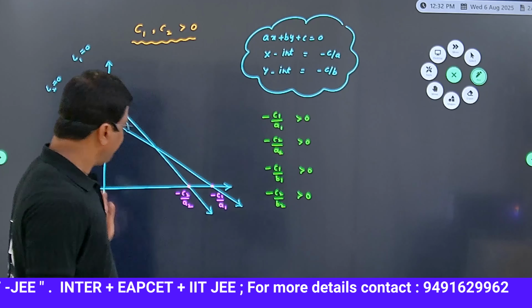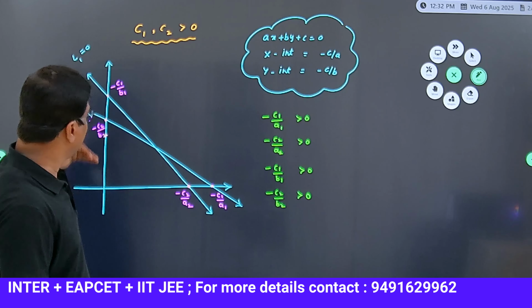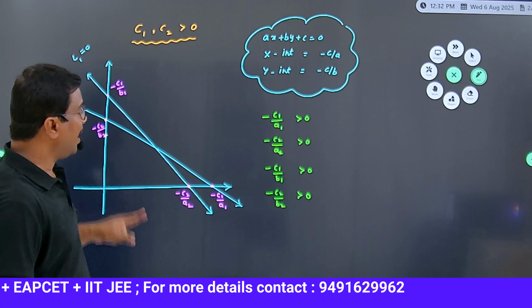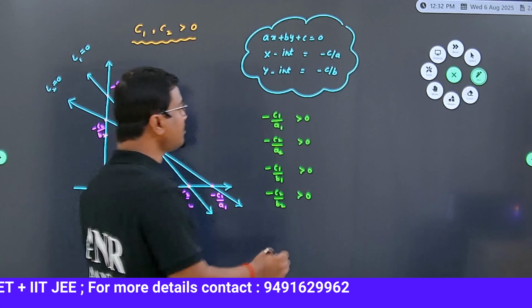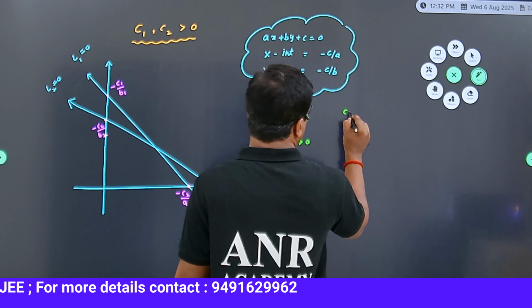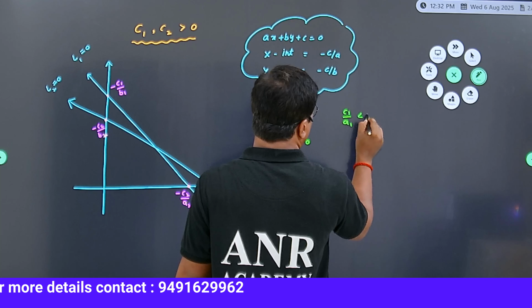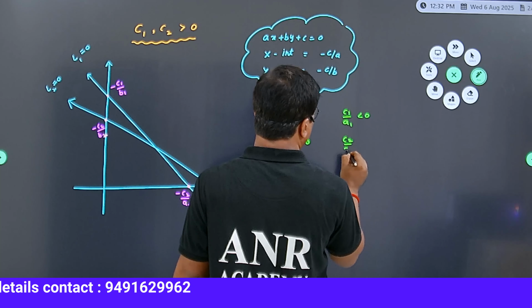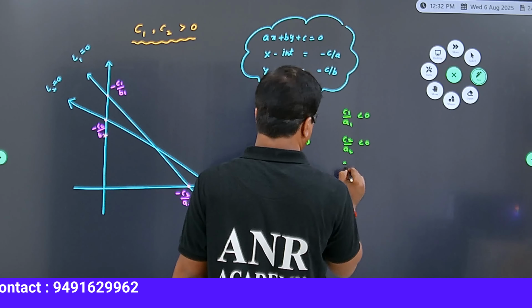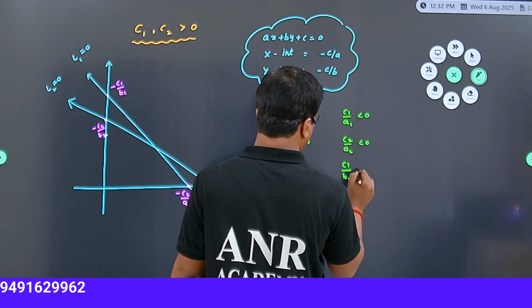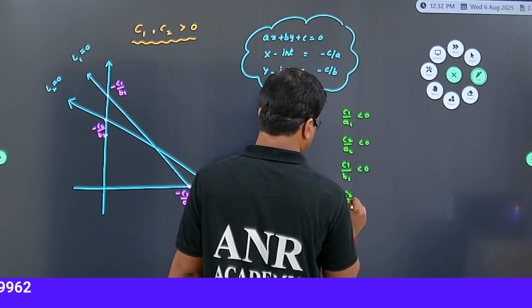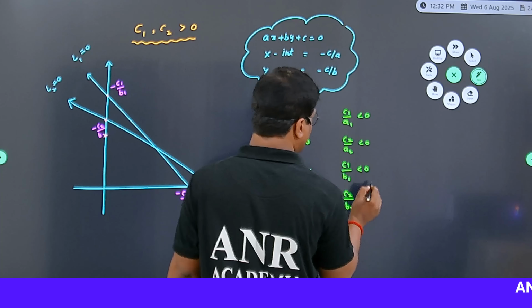Why? Because the x-intercepts are positive and the y-intercepts are also positive. And we know that, neglecting the negative sign, c1 by a1 less than 0, c2 by a2 less than 0, c1 by b1 less than 0, c2 by b2 less than 0.